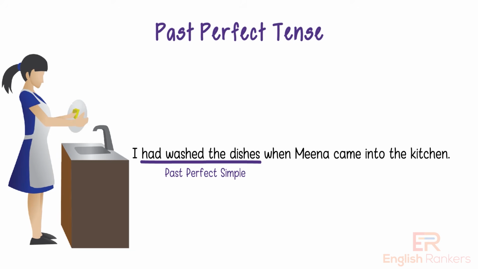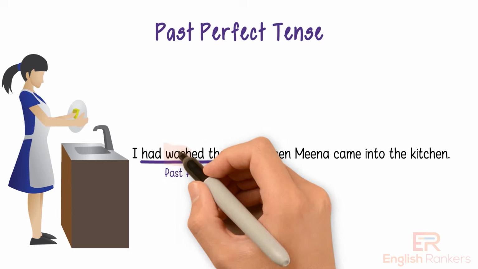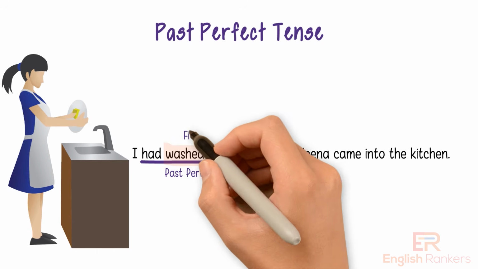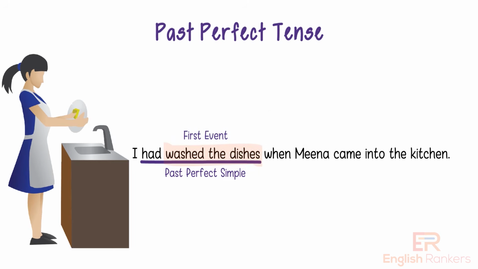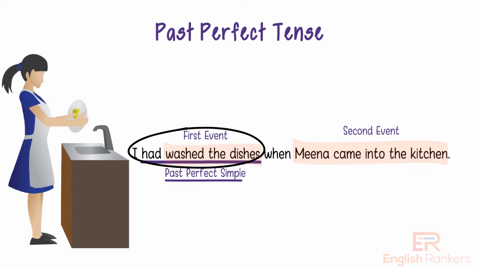We know from this example that washing the dishes came first. After the dishes were washed, Meena came into the kitchen. Her coming into the kitchen was the second event. I had washed the dishes is the past perfect tense. Meena came into the kitchen is past simple tense.